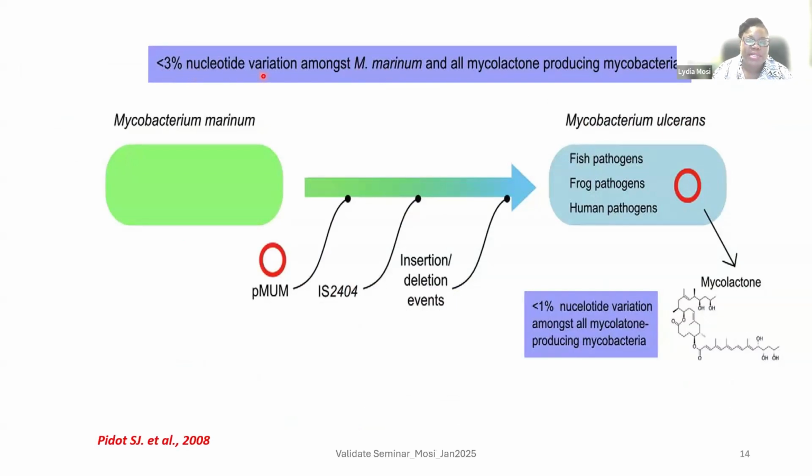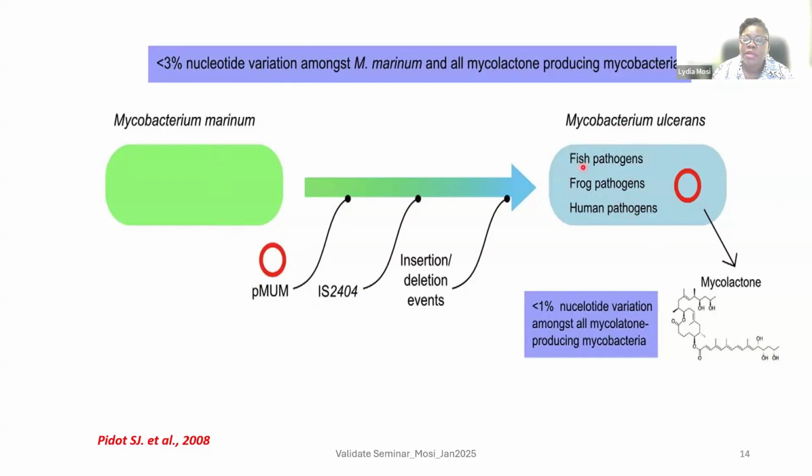So the theory to date is that M. marinum, through the evolutionary time frame, acquired the plasmid which is responsible for making mycolactone, and that plasmid also acquired several insertion sequence elements, as well as the genome of Mycobacterium marinum, to result in the generation of the new strain Mycobacterium ulcerans and the other MPMs, or mycolactone-producing mycobacteria.